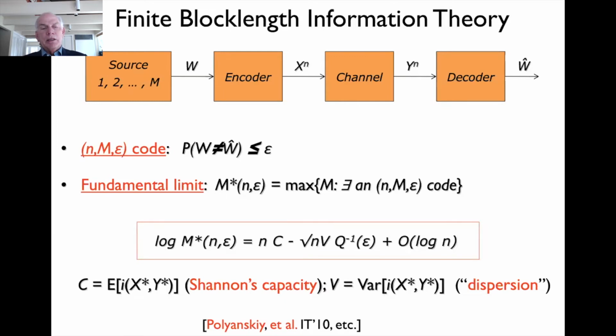Then the expected value of that information density evaluated at X star, Y star is the capacity. That's how you get the capacity.